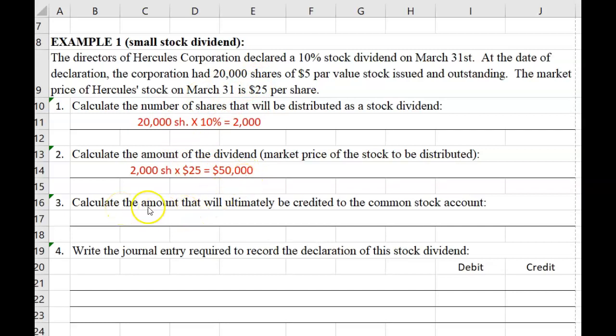Step 3. Calculate the amount that will ultimately be credited to the common stock account. 2,000 shares will be distributed, and we're going to credit ultimately the common stock account for its par value. So 2,000 shares times the $5 par value equals $10,000.